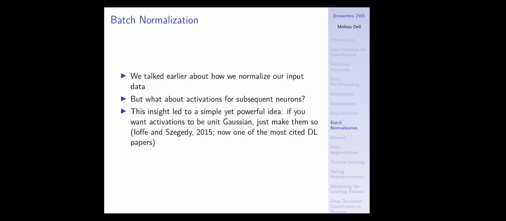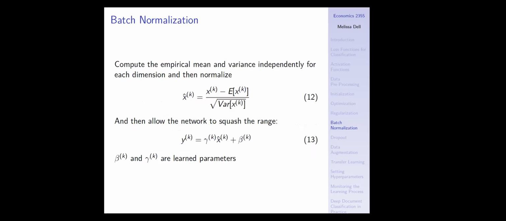This paper is from 2015, and it's now one of the most cited papers in deep learning. In general, what you do with batch norm is compute the mean and variance independently across your batch for each dimension and then normalize.